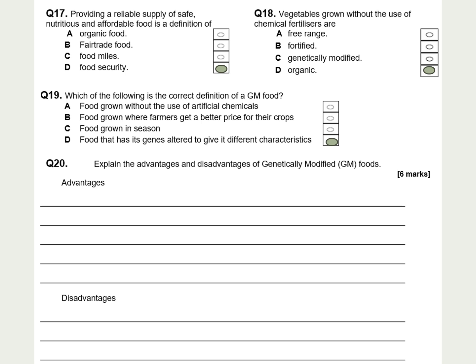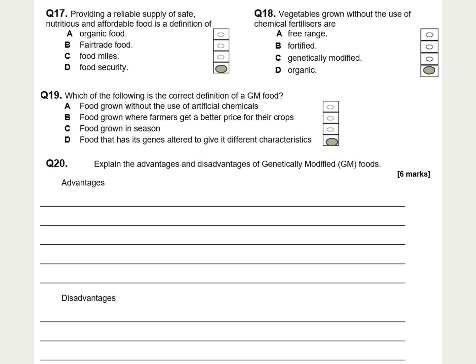So you might have worked those out by a process of elimination, or you might have known the right answer. We particularly need to discuss food security in a little while. That's the idea that people are going to be able to have enough food to eat and that they're going to be able to afford to buy it.